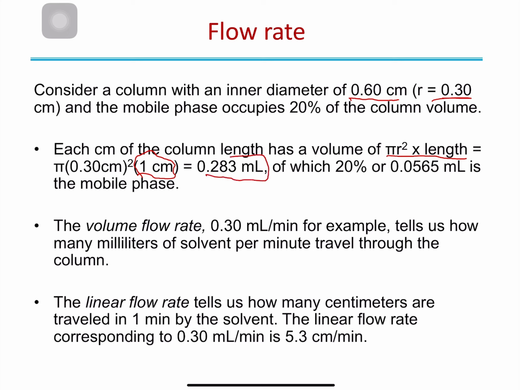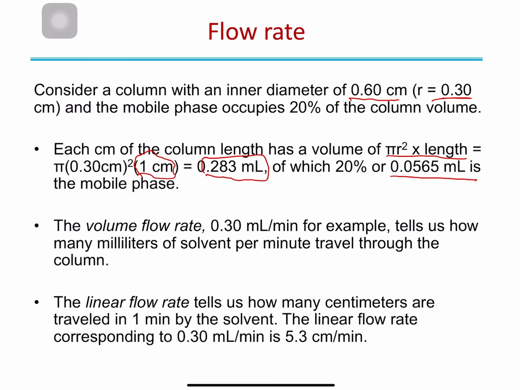This is the volume of 1 centimeter of the column. 20% of that volume is your mobile phase, so your mobile phase is 0.0565 mL.